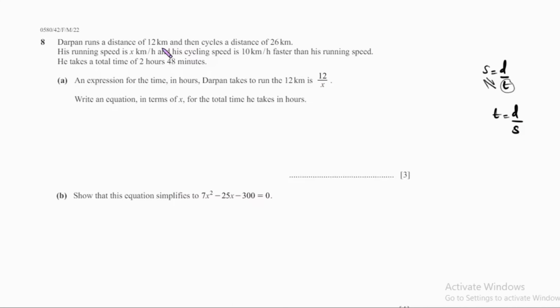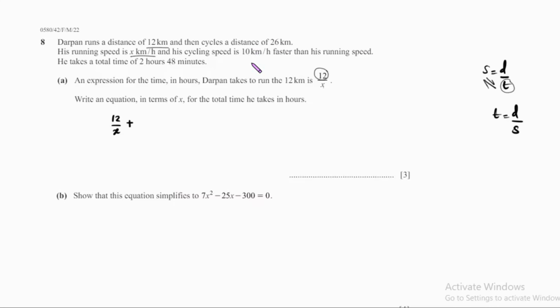That's how for the first 12 kilometers traveled, the 12 kilometers is divided by the speed, which is this x kilometers per hour. So I need to write an equation for the total time taken. In that case, with this 12 over x, I should also add the next portion, that is for 26 kilometers traveled at a speed of 10 kilometers per hour.